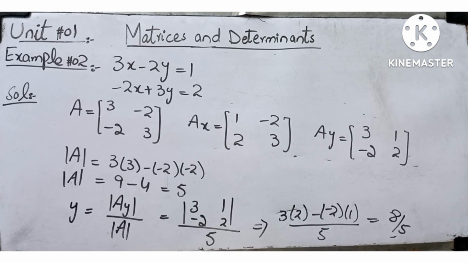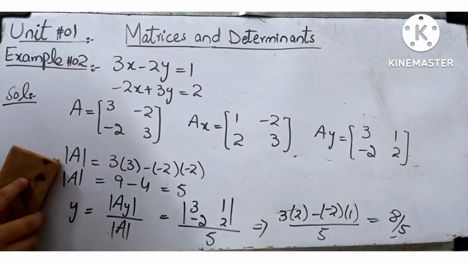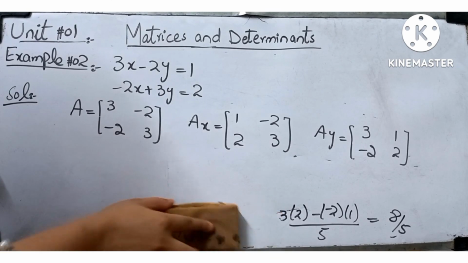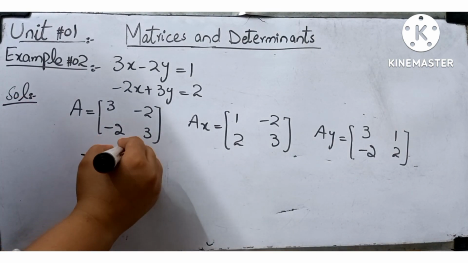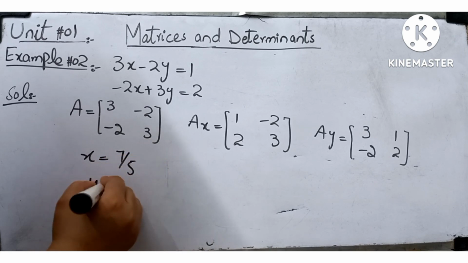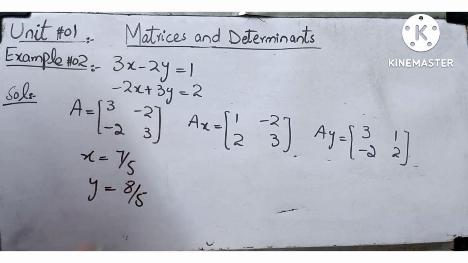The value of small x is equal to 7 by 5, and the value of y is equal to 8 by 5. So it is the solution according to Cramer's rule.